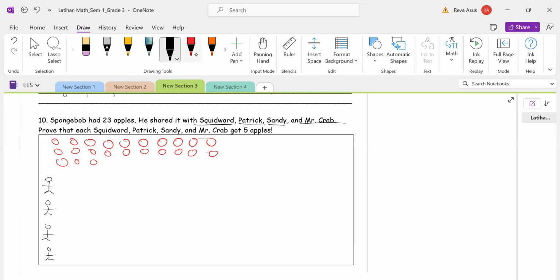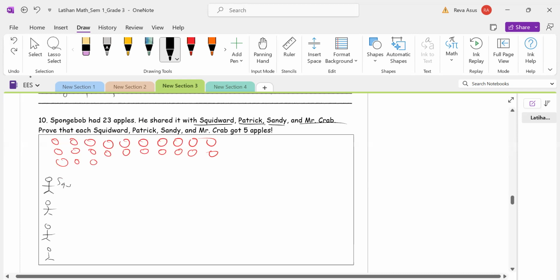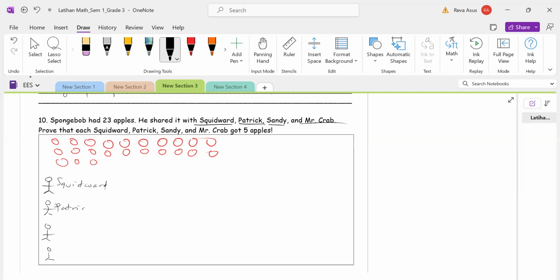Let's prove it. So, the apples here, we give to Squidward first. Let's give the names here. This is Squidward, Patrick, Sandy, Mr. Crab.